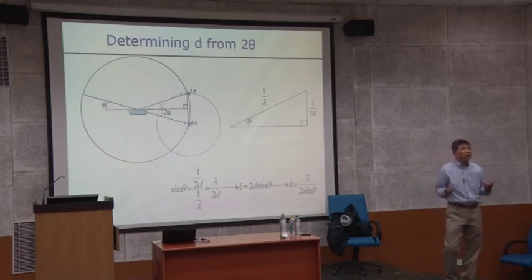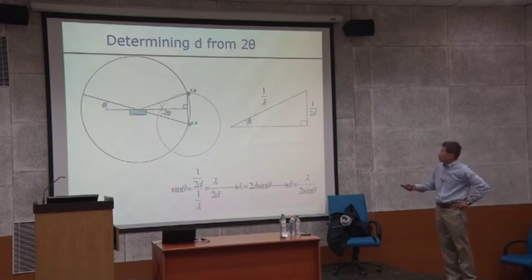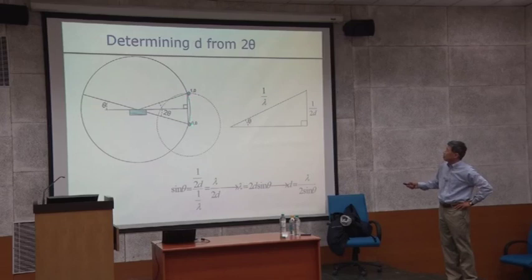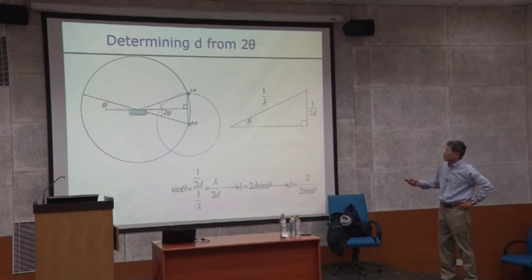This is a Bragg law description in geometry in reciprocal space. Because the length of this vector is 1 over d spacing, so 1 over d spacing is that one, and 1 over lambda, and the theta. That's exactly the description.